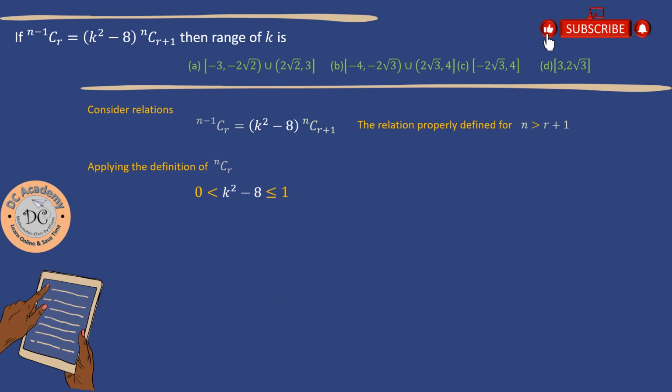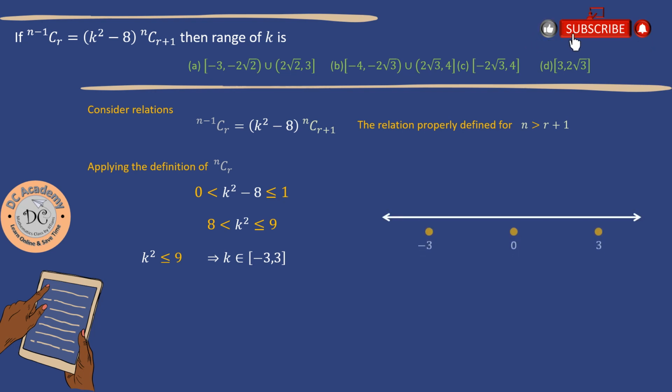Now we find the range of k square minus 8. If I add 8 to both sides, it lies between 8 and 9. Now if k square is less than or equal to 9, that implies k belongs to the interval minus 3 to 3, both included, so it's a closed interval. If I plot it, k lies inside minus 3 to 3.